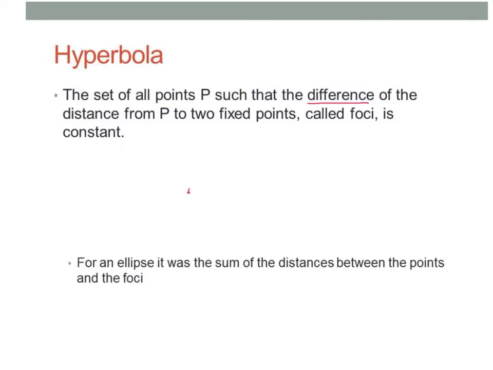So we still have two fixed points called focal points, and so a hyperbola actually goes like this. Similar to the rational equations that we graphed in the fact that it has two branches. And so if we pick any point on our hyperbola, the difference of those distances is a constant.